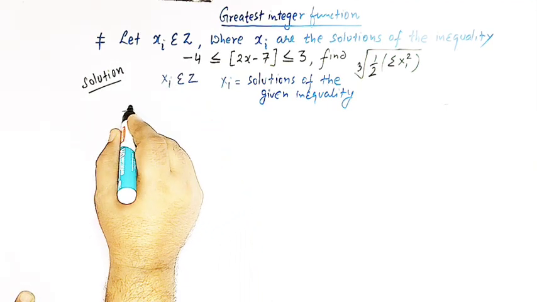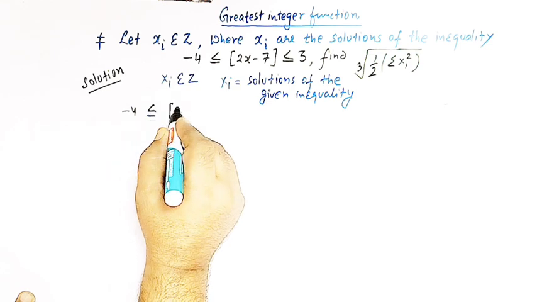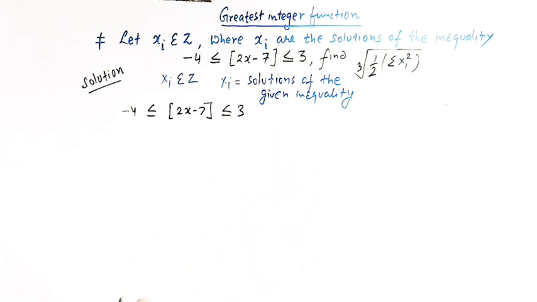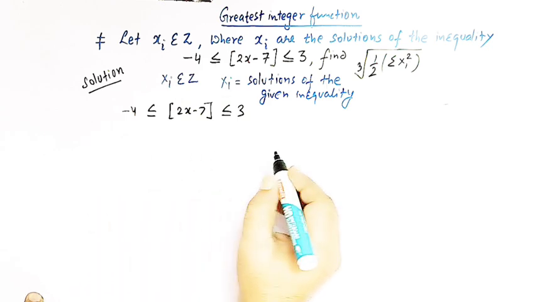So now we have this inequality, and we'll solve this inequality with the help of one important property of greatest integer function. And the property goes like this.